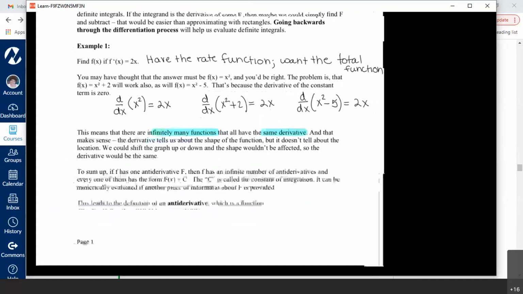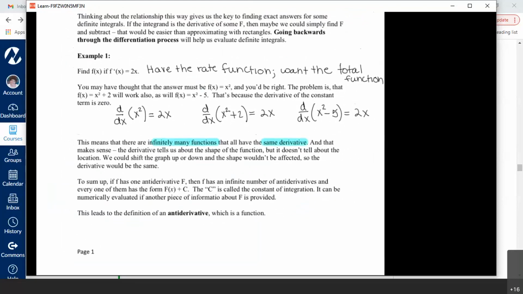Now the derivative tells you the shape of the function. We know x squared is a parabola. The derivative is telling you about the rate of change of this parabola. Think about it from the point of view of college algebra.